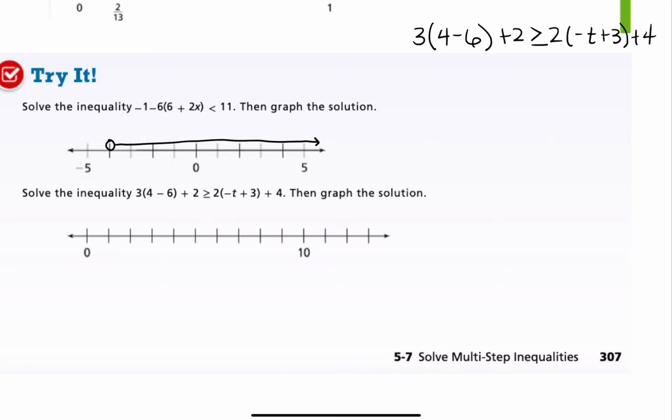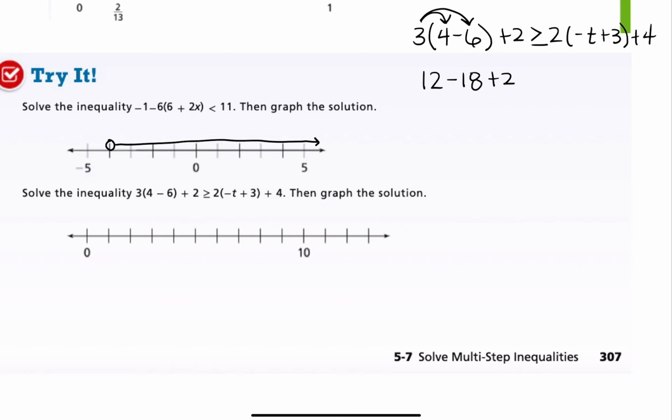All right, let's deal with one side at a time. First thing I should see over here is I need to distribute that 3. 3 times 4 is 12. That's 18. Keep the minus. Plus 2. I'm only looking at this first side. We'll worry about that second side in a minute.